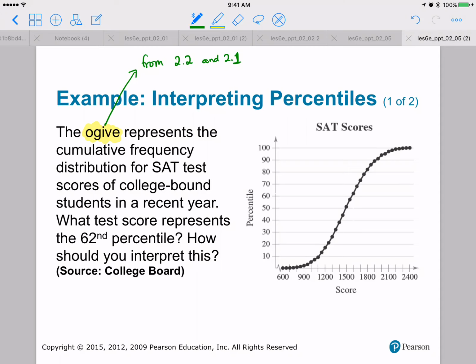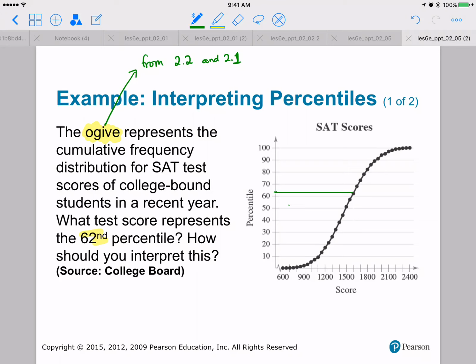Okay. Well, we know we want the 62nd percentile. So let's look up here. We're going to look at our graph over here, and we're going to just estimate that 62 is here. So now, let's see, how far over?